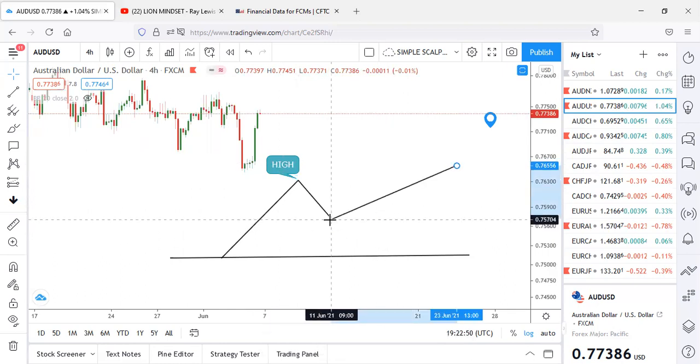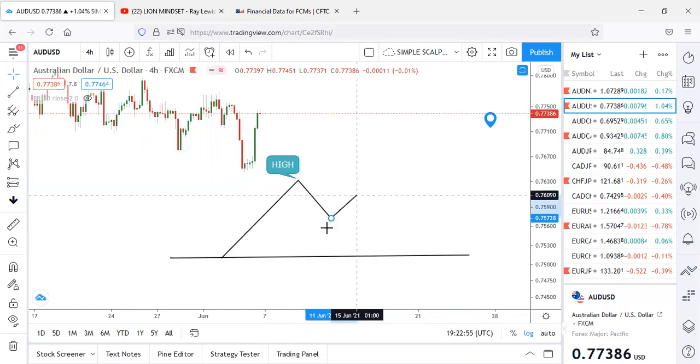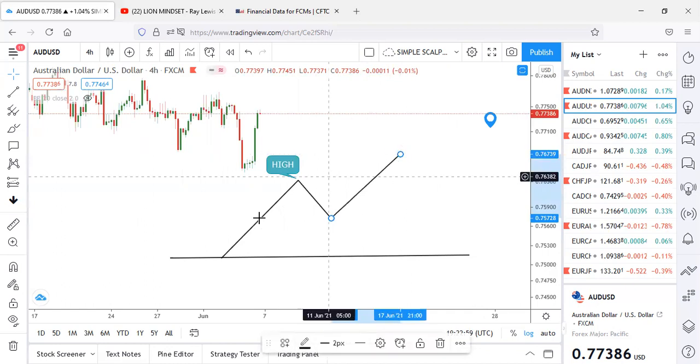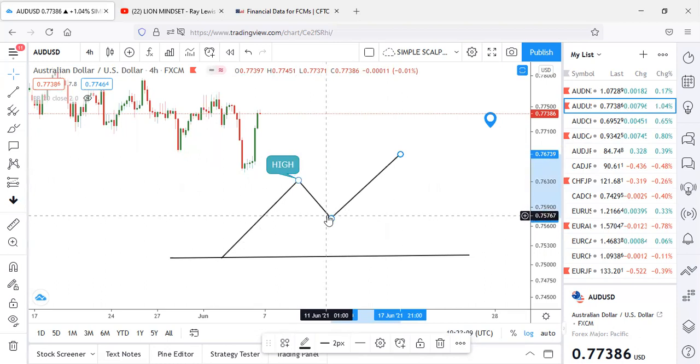Now, we want to consider this place as a high once another move forms. Remember, I said we need to see a three-wave move. So this move is one. This move is another one, making two.